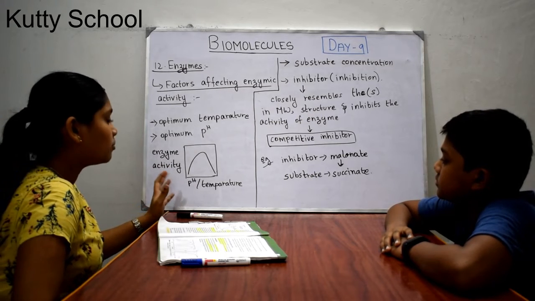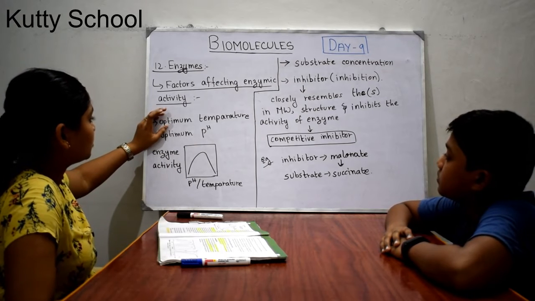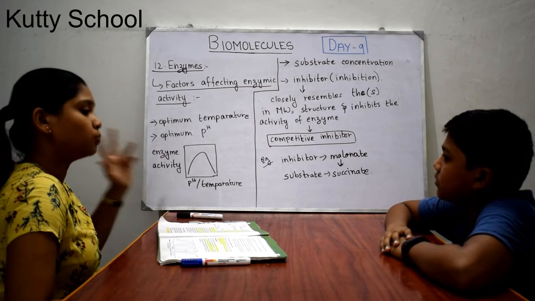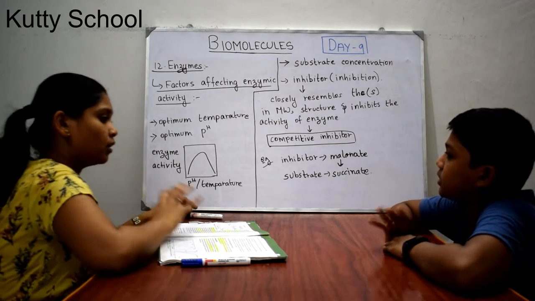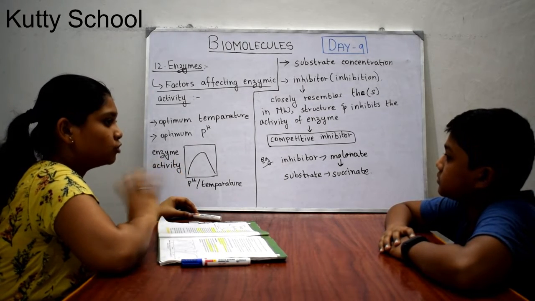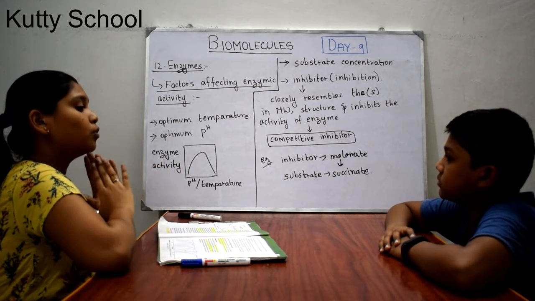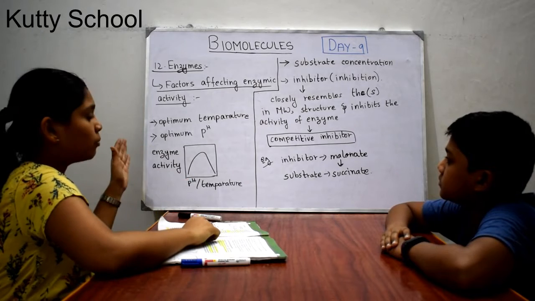They need an optimum temperature and optimum pH. Optimum temperature is the temperature which is not too small or too large. It should be within the range. This is known as optimum temperature.